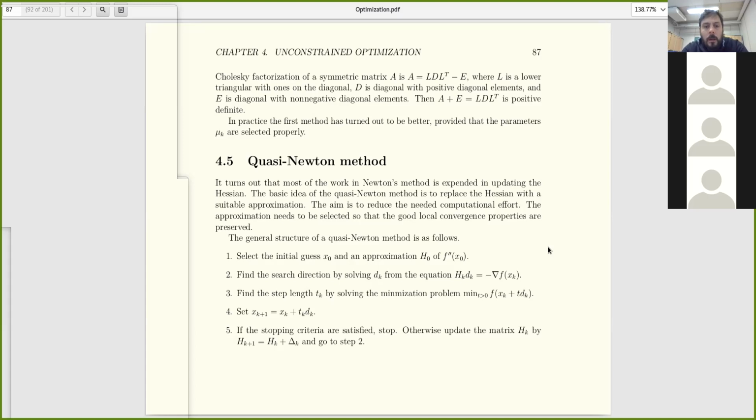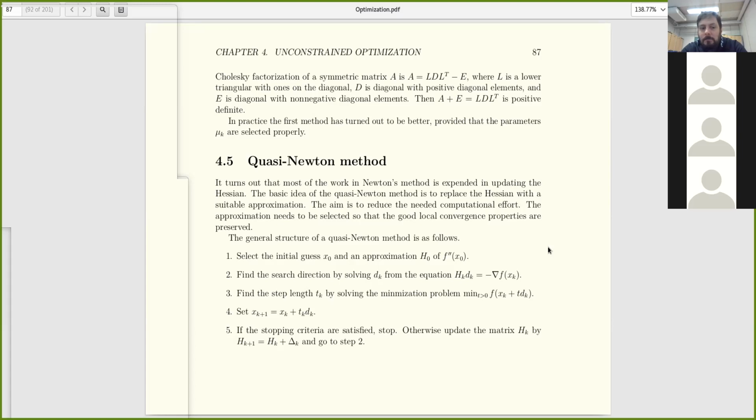So we maintain an approximate matrix called HK. And it doesn't actually even have to be a matrix per se, as long as it's something that gives us a flavor of multiplying with the matrix.